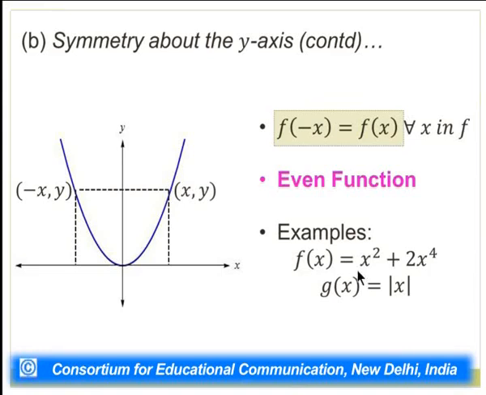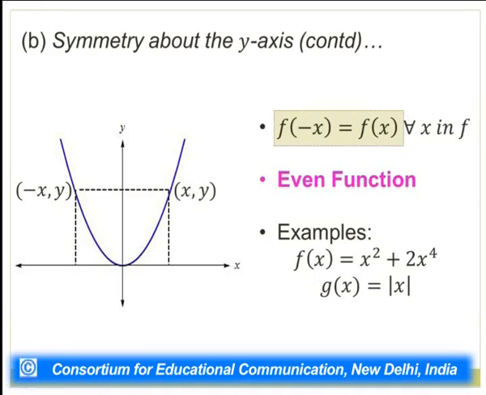Let's look at some other examples of even functions, basically functions which are symmetric about the y-axis. So here, if you take a look at this function, f(x) equal to x squared plus 2 times x to the power 4, this is an even function, because if I were to calculate f(minus x), that would give me (minus x) squared, which is x squared itself, plus 2 times (minus x) to the power 4, which is again x to the power 4.